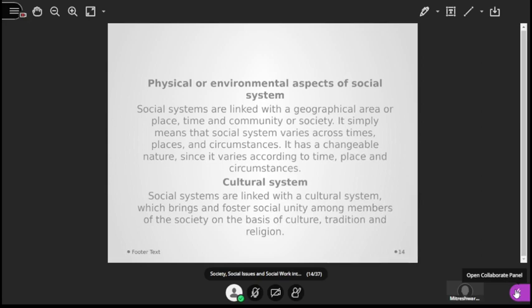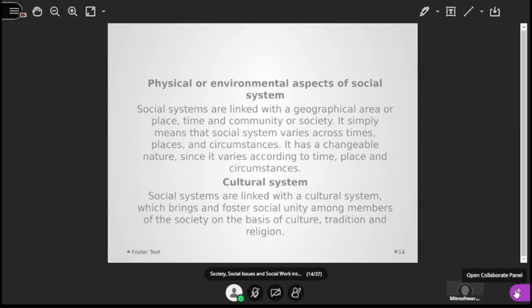Physical or environmental aspects of a social system are linked with a geographical area or place, time, and community or society. It simply means that a social system varies across time, places, and circumstances. It has a changeable nature since it varies according to time, place, and circumstance.